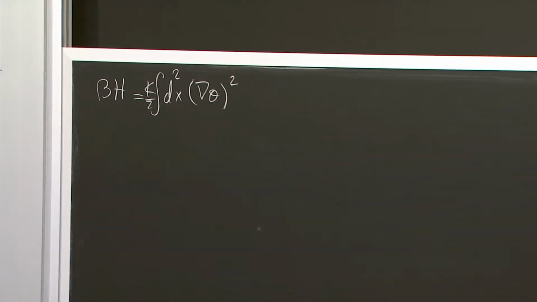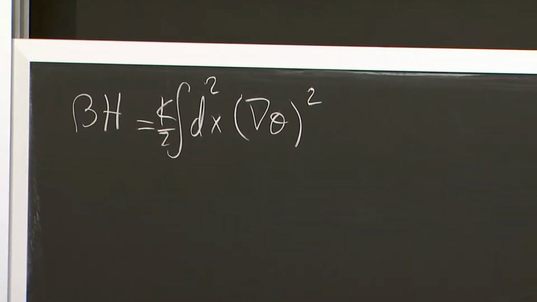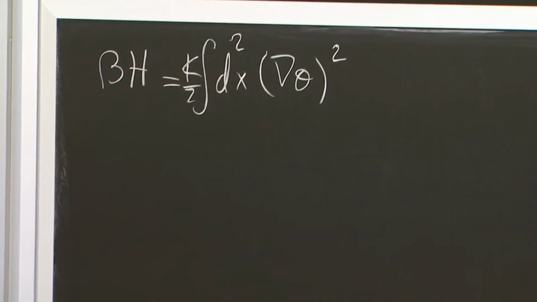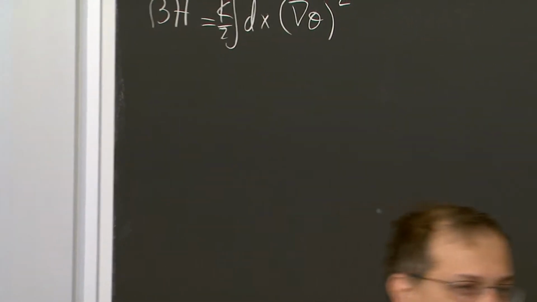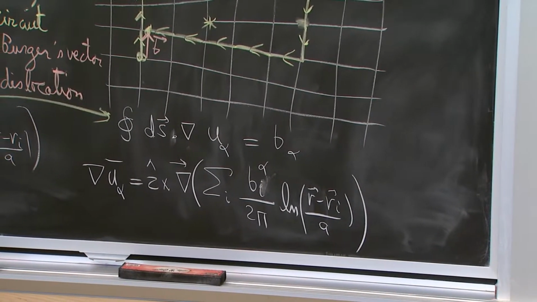Yes? So the b alpha will have index i as well? b alpha has index i also, like the ni have index i. So maybe I write it in this fashion. Yeah. Okay.